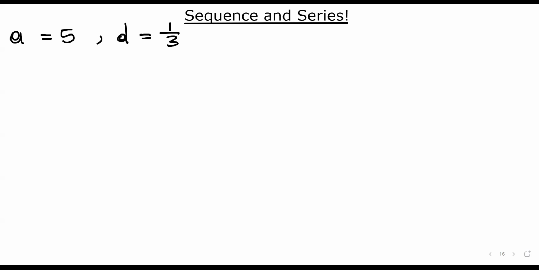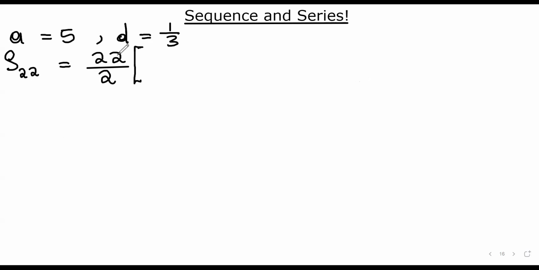So let's begin by calculating the sum of the 22 terms of an arithmetic sequence. So we say, well, the sum of 22 terms is equal to 22 over 2. Remember, it's always nice if you write a formula, but it's not compulsory.